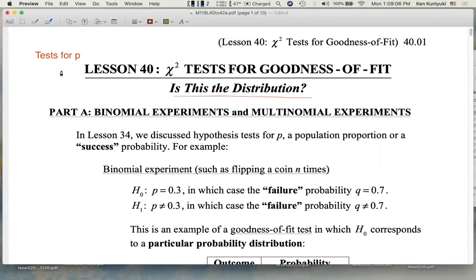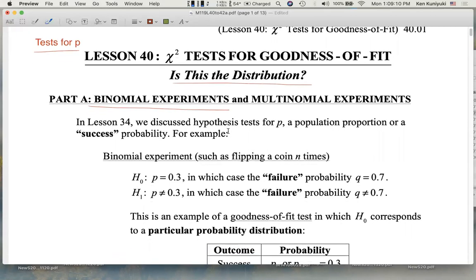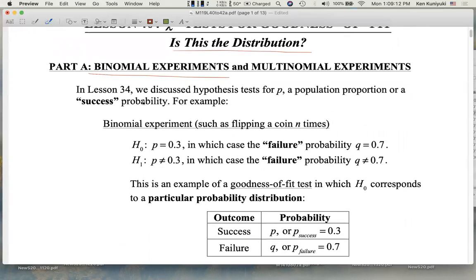First of all, let's do a review of tests for P and binomial experiments. Back in lesson 34, we discussed hypothesis tests for P, once again, a population proportion, or success probability. For example, a binomial experiment could be flipping a coin n times, right? P could be the probability of heads, for example, on the coin.